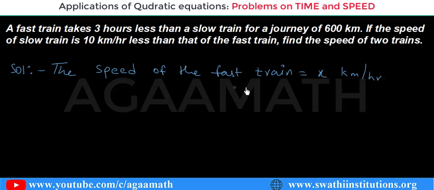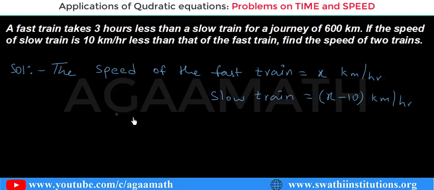Because if we know the speed of the fast train, it is easy to find the speed of the slow train, as the condition is given that the slow train speed is 10 kilometers per hour less than the fast train. So the speed of the slow train equals x minus 10. This is the speed of the slow train, because it is 10 kilometers per hour less than the fast train, right?